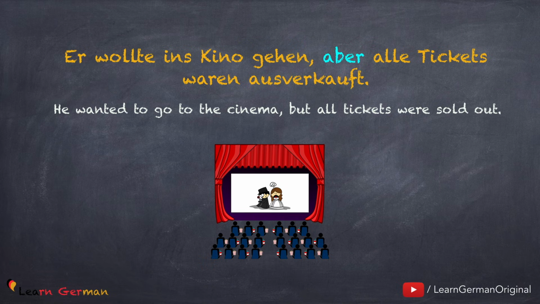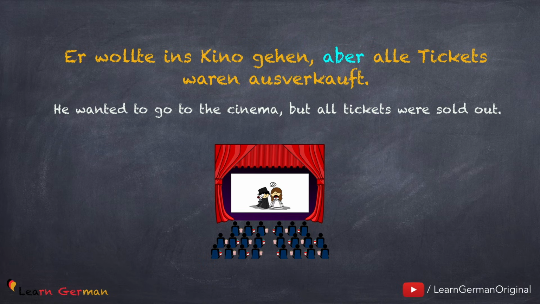The first sentence is wollte ins Kino gehen. And the second Hauptsatz is alle Tickets waren ausverkauft. In both the sentences, the verb remains in the second position, whereas the conjunction is in the zeroth position.